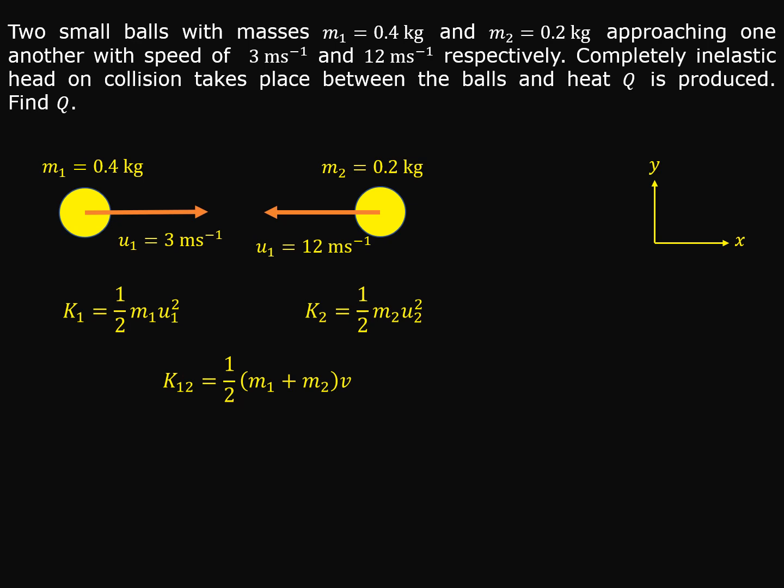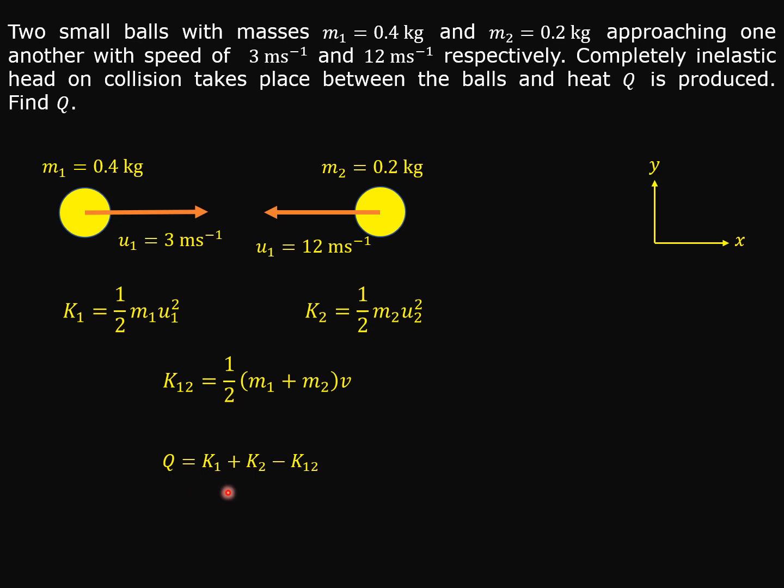If we are able to calculate K1 and K2, and we know K12, then we can find the change of the kinetic energy to get the heat produced due to the head-on collision. Look at these equations.